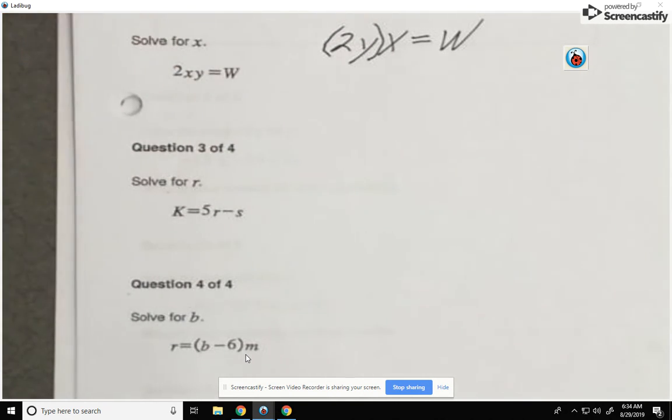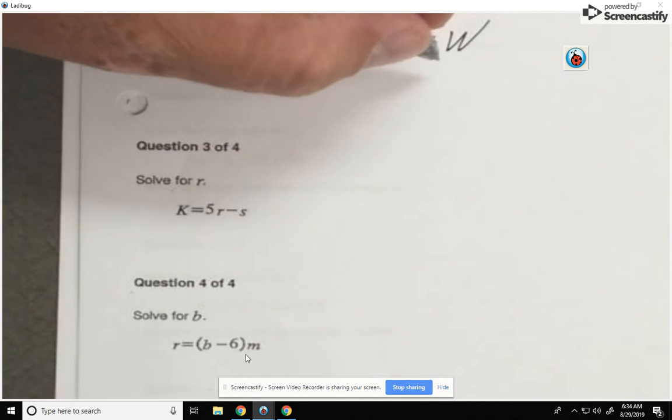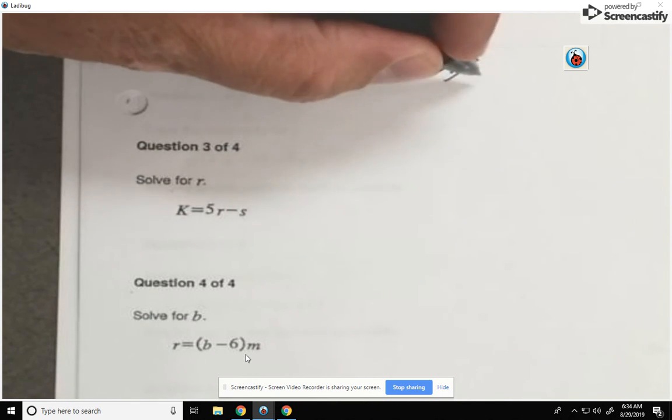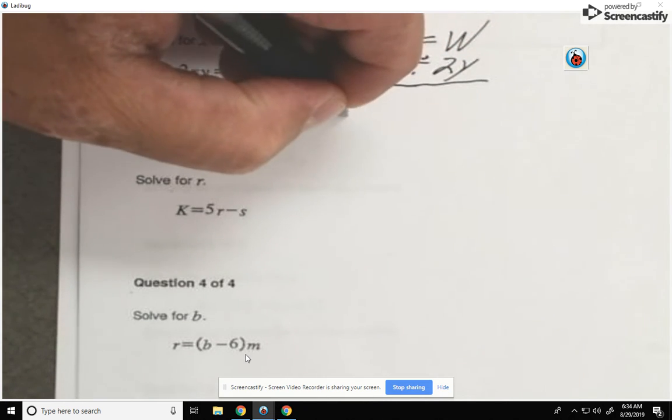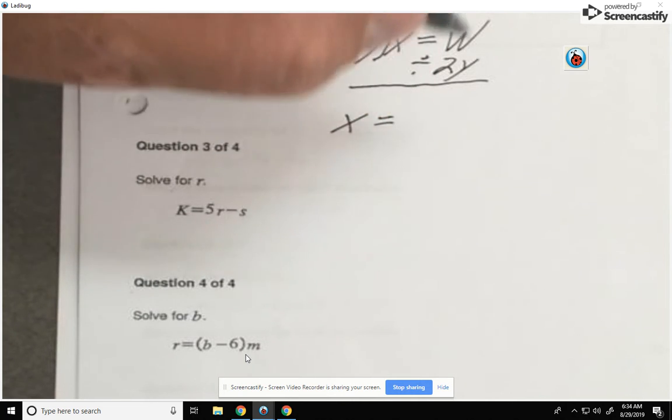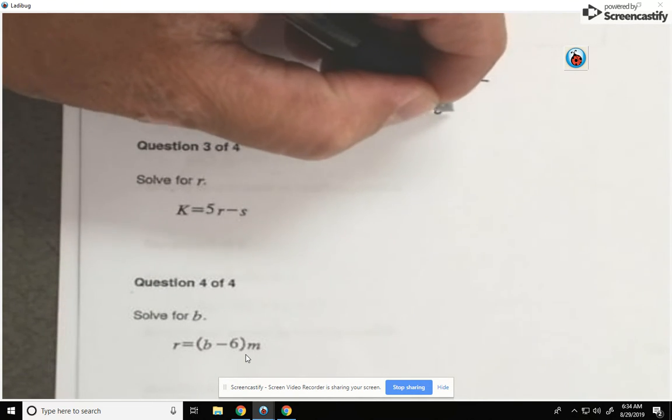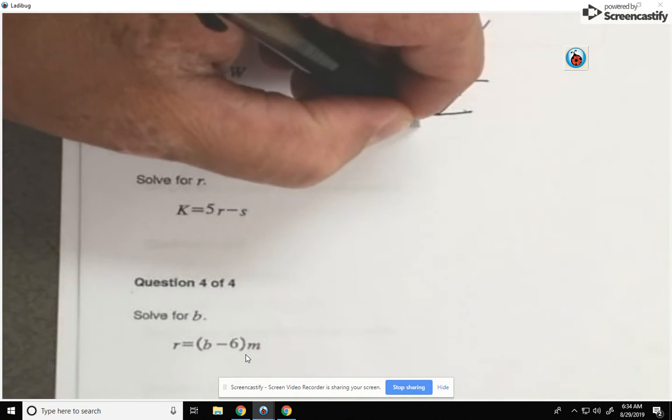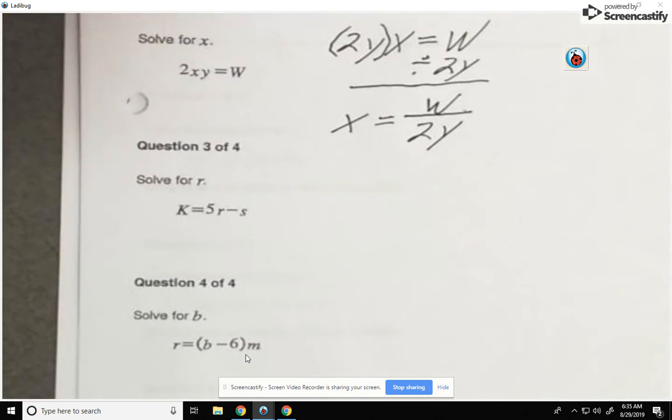Now if I were to think of this as, say, 10x equals 50, I know I just divide by the 10. Here, same idea. I have my 2y here, so I'm going to divide by 2y. Now when I do this, I'm just going to get the fraction of w over 2y.